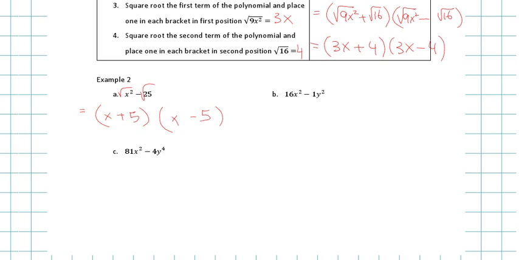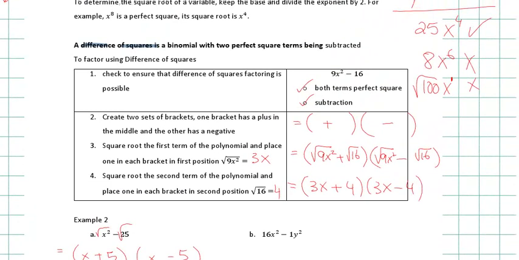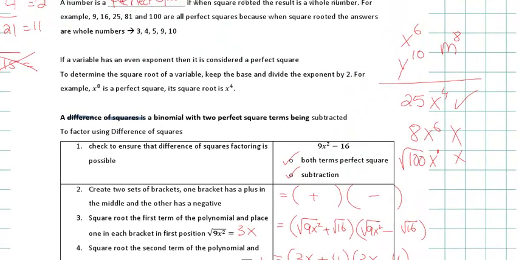With letters, how do you know what's the square root of x squared? So, here's the rule. When you're square rooting a letter, to find the square root of that, you're going to divide the exponent by 2.